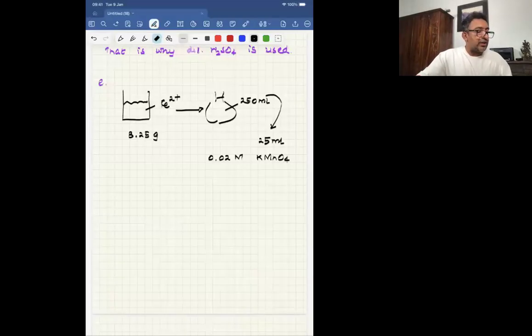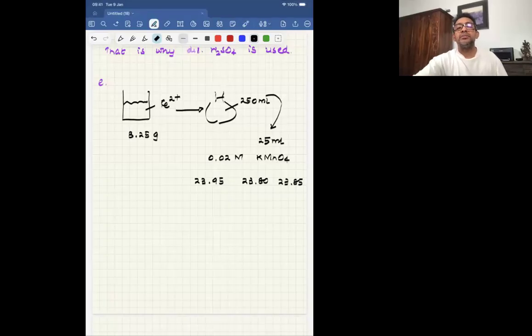The titration values observed were 23.95, 23.8, 23.85. So there are three titration values that you have got. Is it clear? What titration value should be used in the calculation and why?